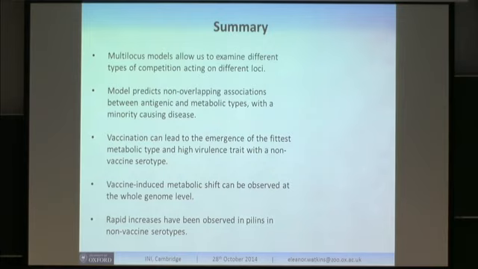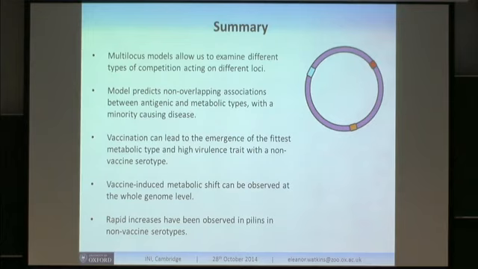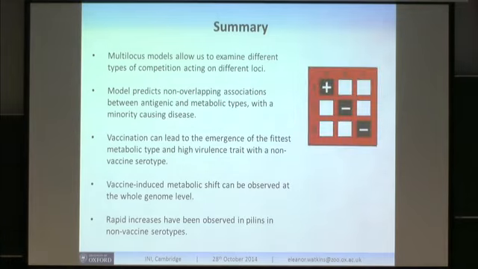Here's a quick summary. It's likely that different types of competition are acting on different genes in the genome, and multi-locus models allow us to examine these different types of selection acting in different places. In the model I presented today, we just used antigenic loci, metabolic loci, and virulence loci. What we find under strong competition is non-overlapping associations between antigenic and metabolic types.